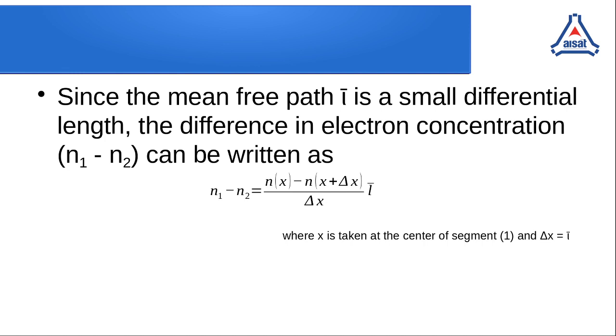We have done multiplication and division with the same quantity, so there won't be any change in the term. We are just trying to make a simplified form of the electron flux density.